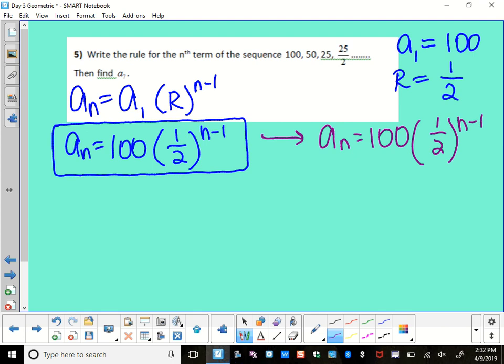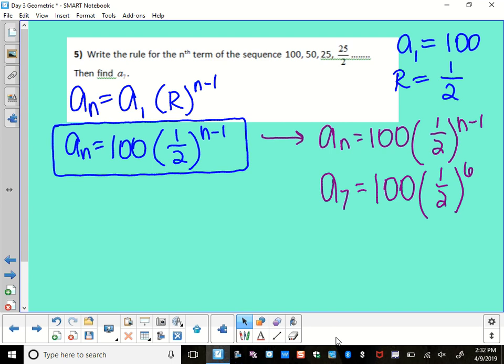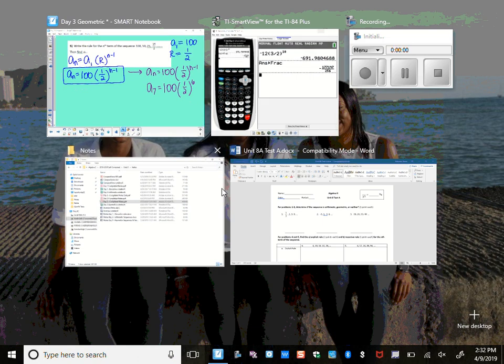They ask me for which term? The 7th. And then to the power of what? 7 minus 1. Type this into your calculator, let me know what you get. I'll type it into mine too.